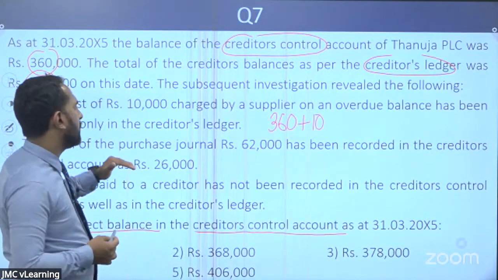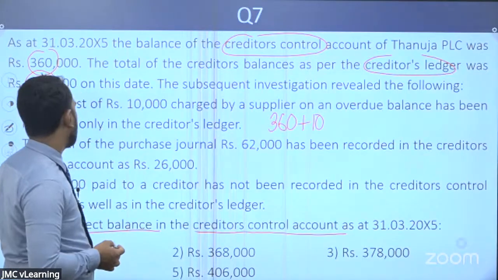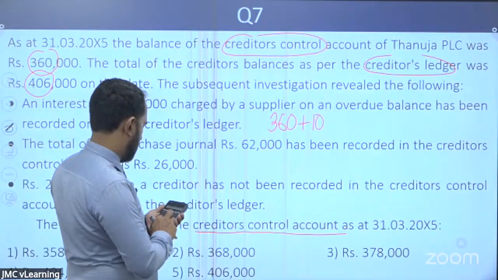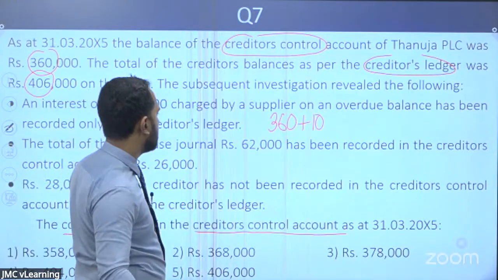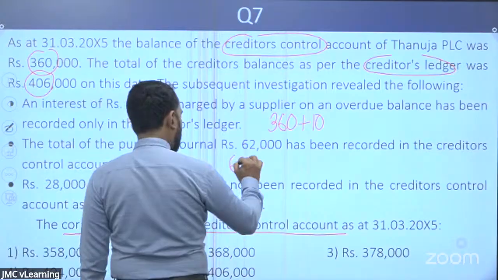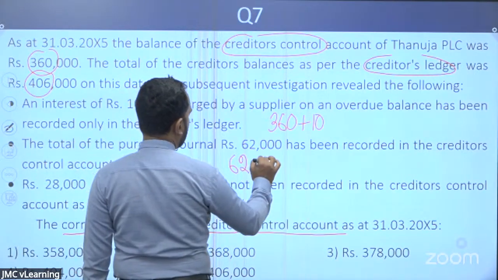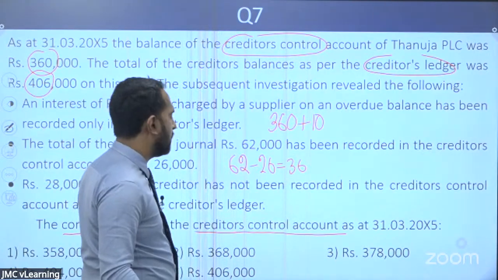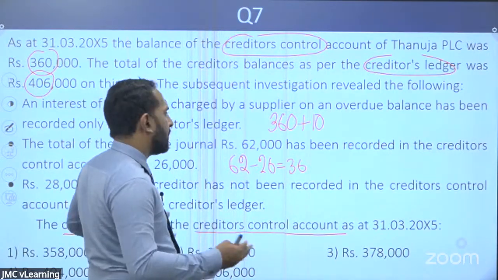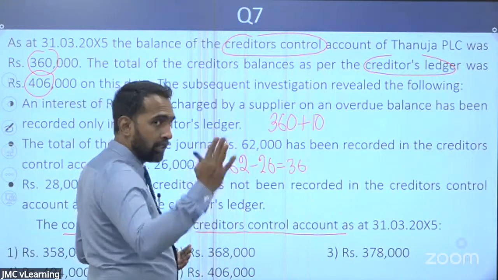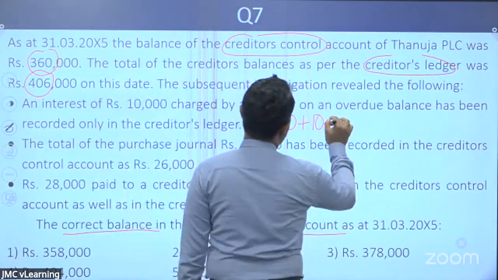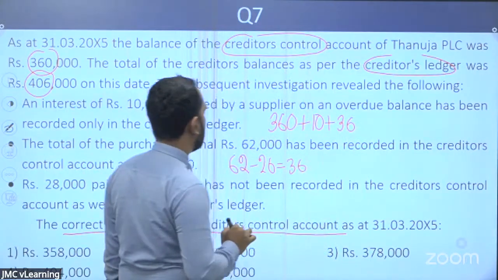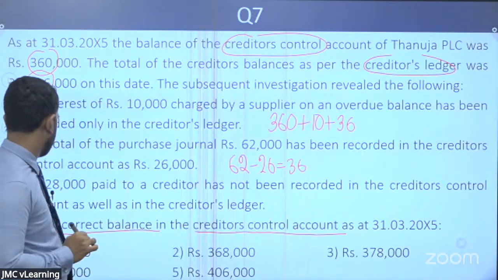The total of the purchase journal, 62, has been recorded in the creditors control account as 26. Ideally you should have recorded 62, but they have recorded only 26. That means there's an understatement of 36 rupees. Because of the purchase, the creditors balance should increase by 36.